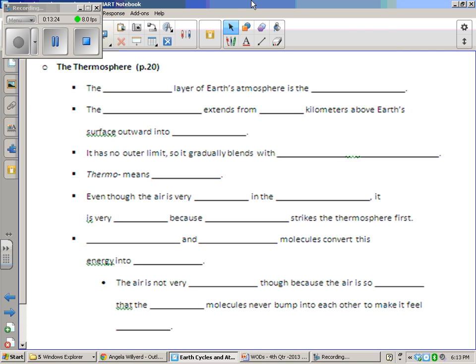Okay, the next and the last layer of the atmosphere is the thermosphere. And this is on page 20 of your book as well. So the thermosphere is the outermost layer of Earth's atmosphere.